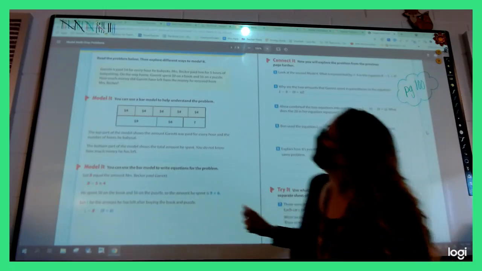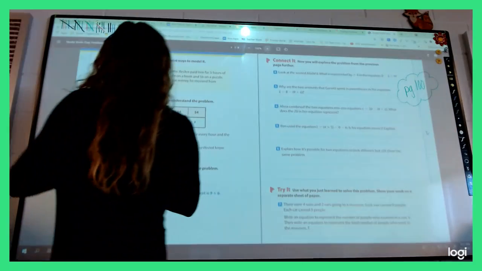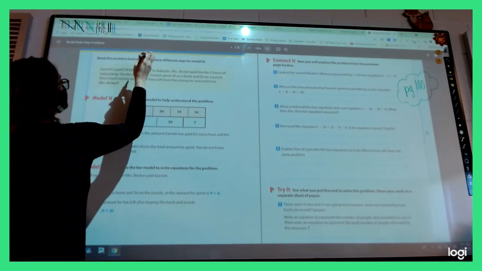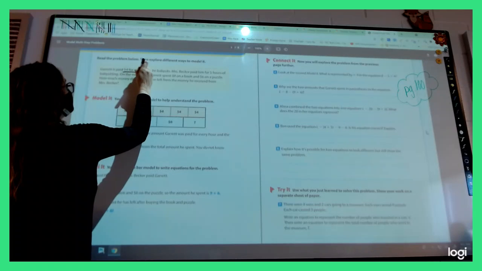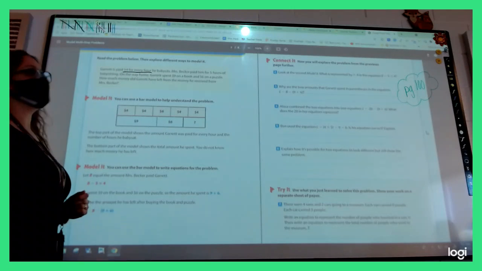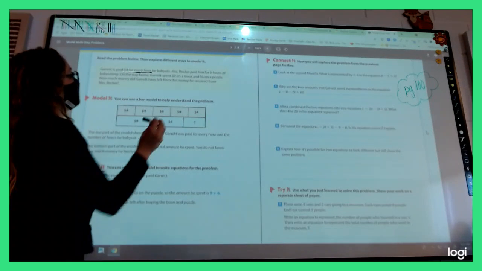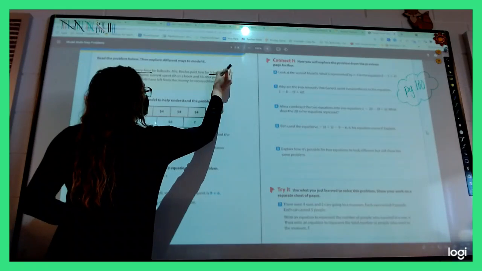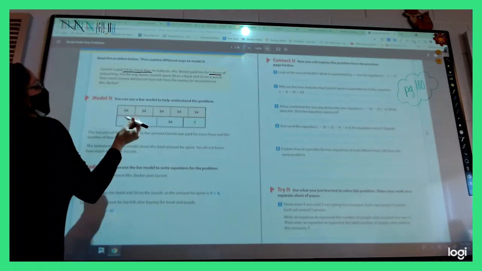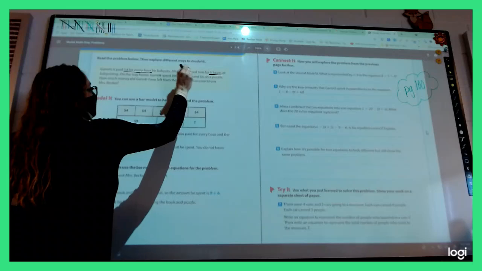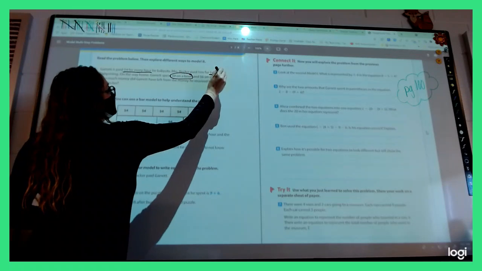All right, so let's mark up our problem. First important thing, he gets $4 for every hour he babysits. So $4 an hour, mark it up. Mrs. Becker paid him for 5 hours. And then on the way home, he spent $9 on a book and $6 on a puzzle.